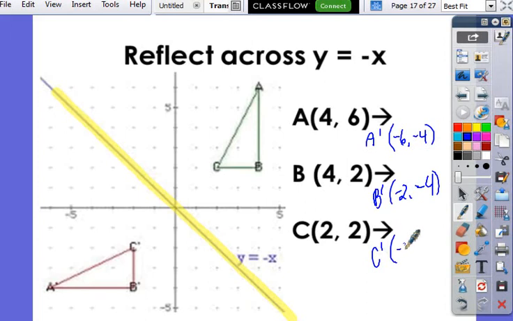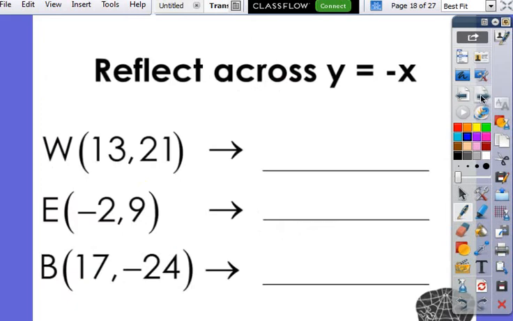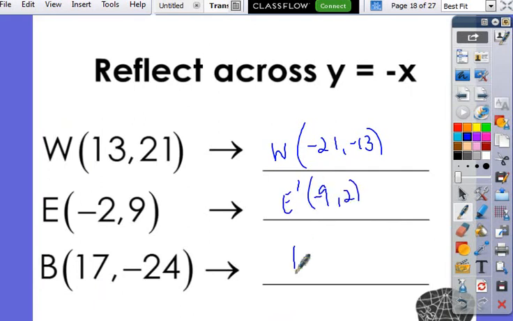All right. So again, if I was doing the W right here, (-21, -13), (-9, 2), (24, -17).